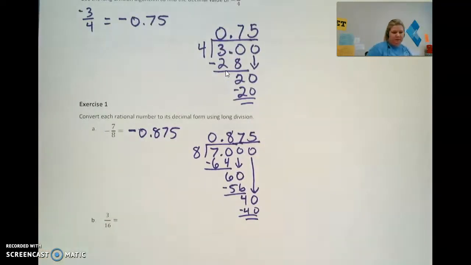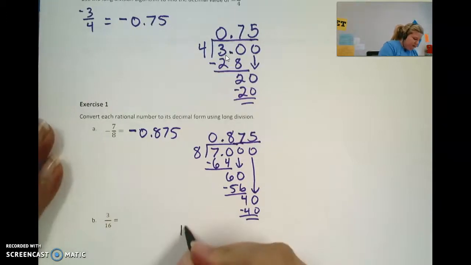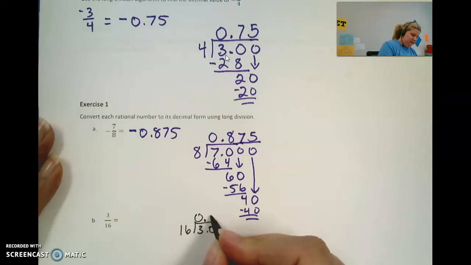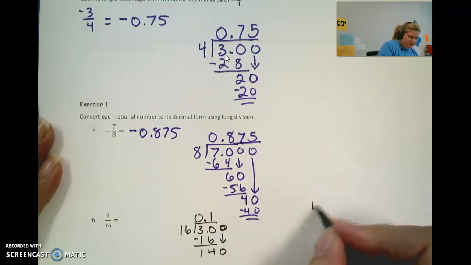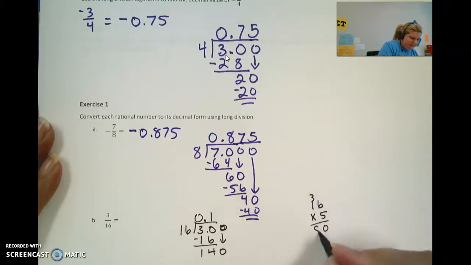16 into 3. I'm going to pause that. Well, let me just switch colors. Okay. 16 into 3.0. 0. That would go once. Get 1, 4. Move down a 0. Okay, so I'm going to do a little side work. 16 times 5, 0, 380.